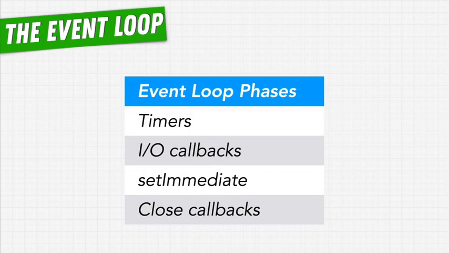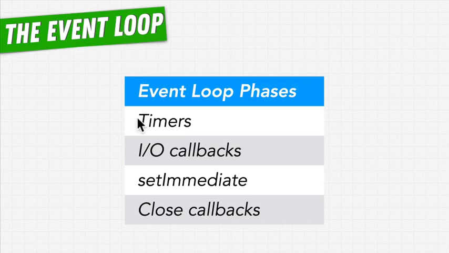Each phase of the event loop is responsible for different types of operations. There's 4 main phases of the event loop. Each of these stages is responsible for a different category of operations that the event loop processes.